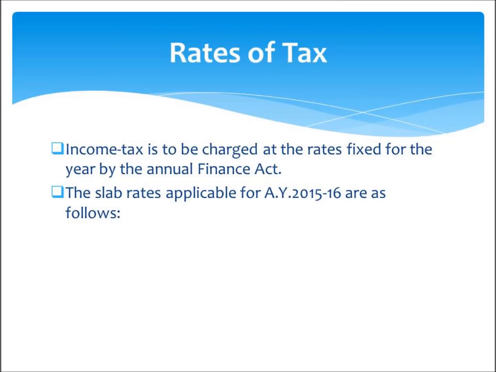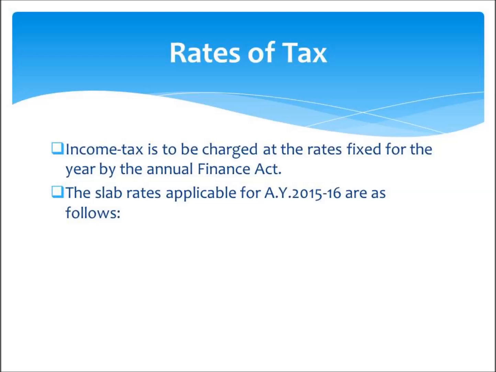Next comes the rates of tax. What are the different rates of taxes applicable to the different types of assessees in the Income Tax Act? All the different types of assessees are chargeable to tax at different rates. No two types of assessees are chargeable at the same rate of tax, and all these rates are given by the Annual Finance Act presented by the Finance Minister every year.